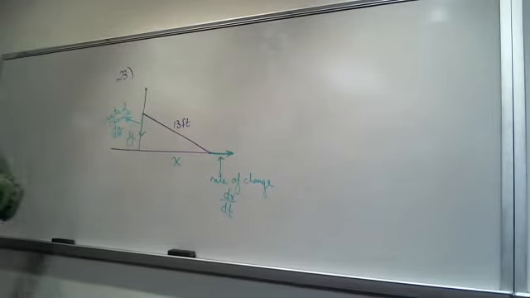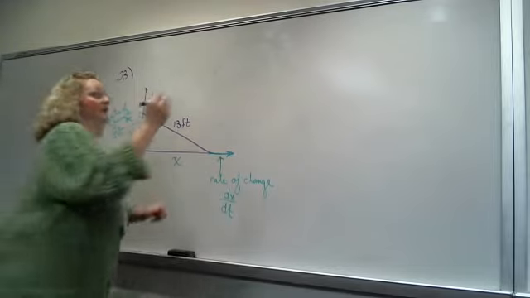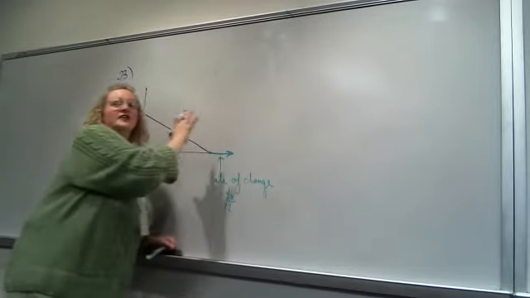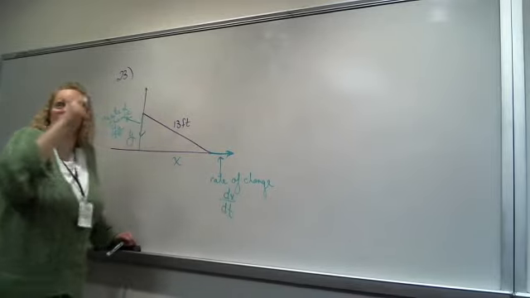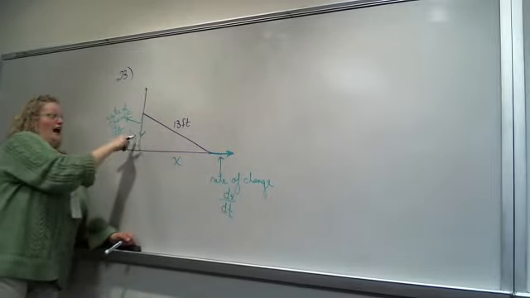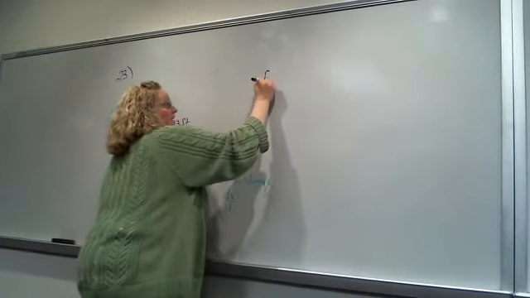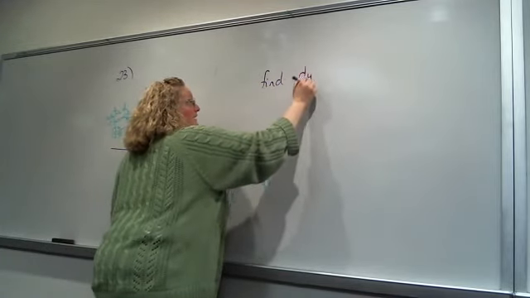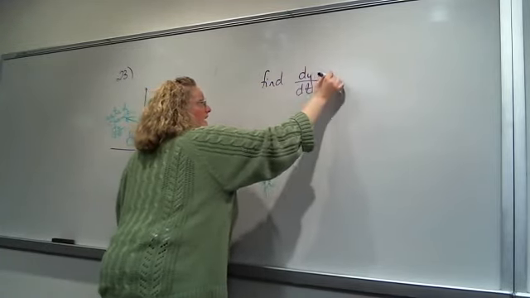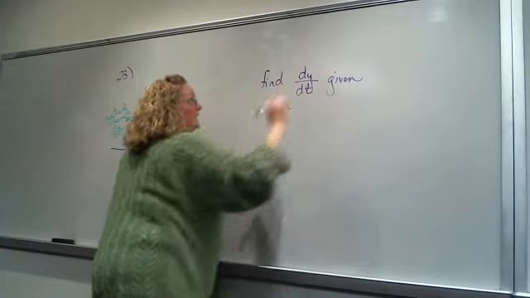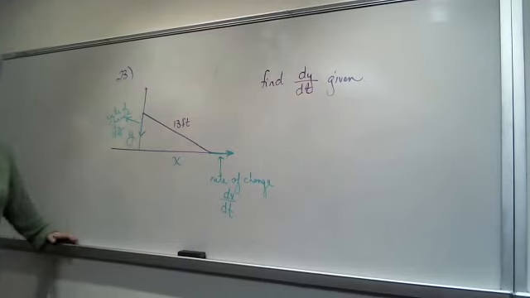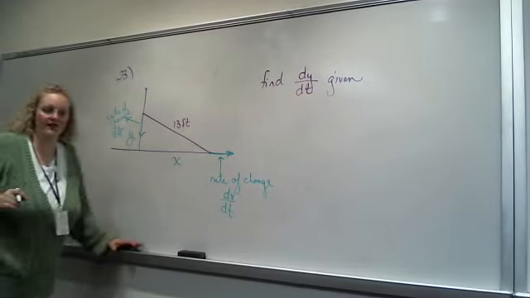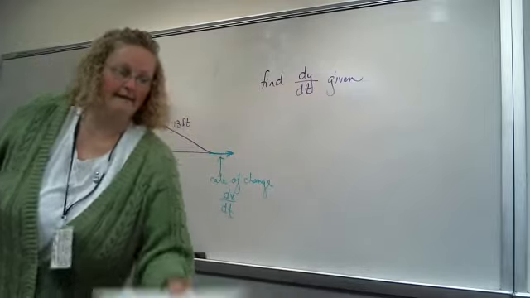Now, what is it that they're asking us to find? Based off of our picture, dy/dt. How fast is the ladder sliding down the side of the house? We have that labeled dy/dt. So we have to find dy/dt given what? At what moment in time do they tell us we need to find dy/dt?